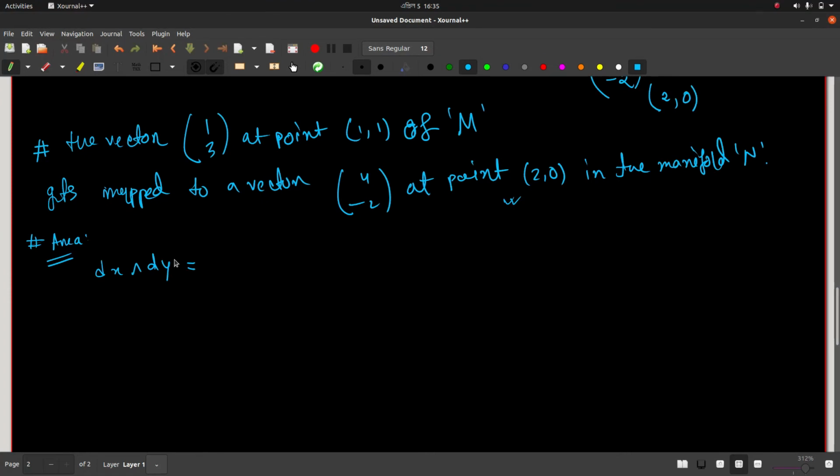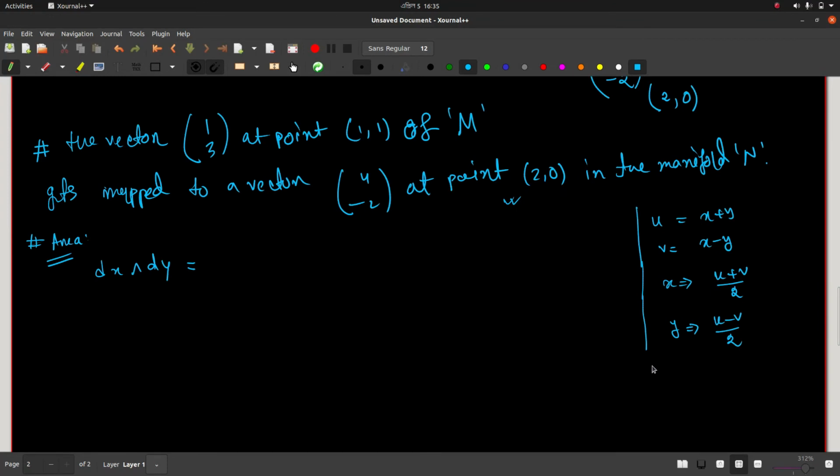And even if you do any elementary calculation, that is, you write u as x plus y and v as x minus y, and you solve for x and y, you will find that x is given by the following. It is u plus v divided by 2, and y will be given by u minus v divided by 2, right? So dx is given by 1/2 of du plus dv, and dy is given by 1/2 of du minus dv.